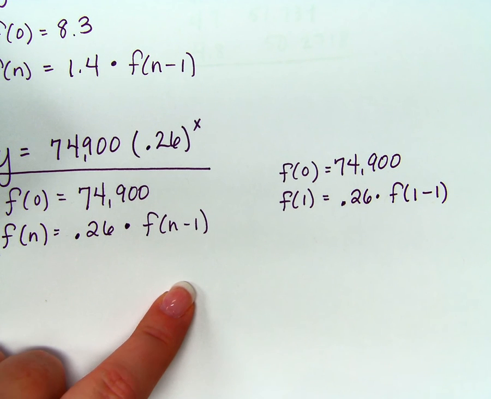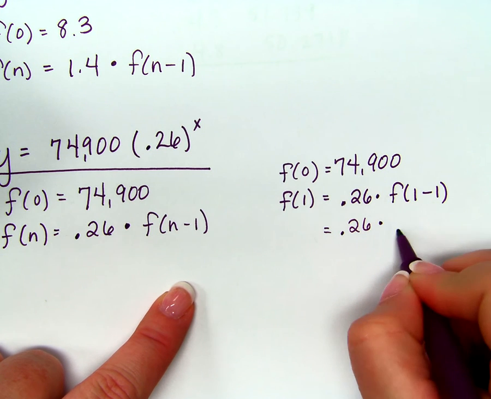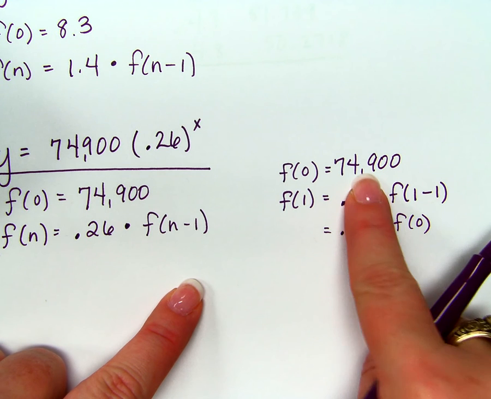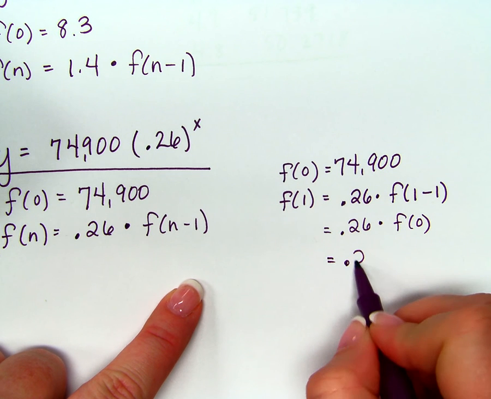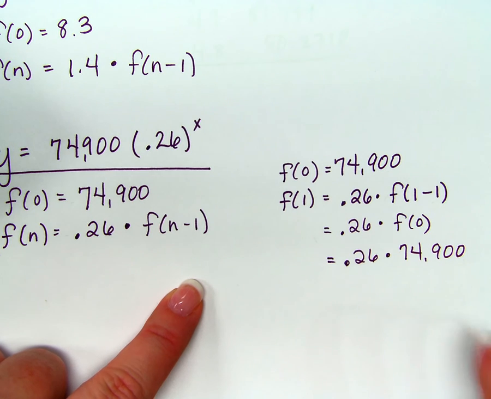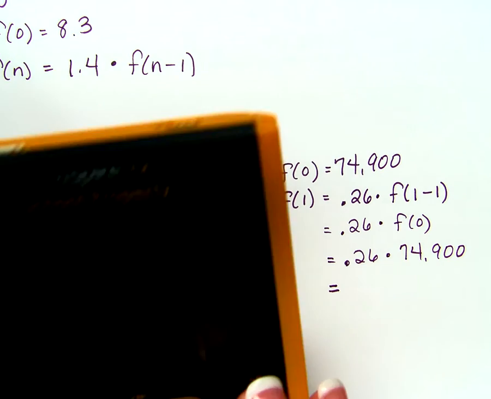Does anybody happen to know what 1 minus 1 is? Okay, so this is 0.26 times f of 0. But don't we know f of 0? It's right there, right? So it's 0.26 times 74,900. Do you know that off the top of your head? No, but it's something we could calculate really quick.